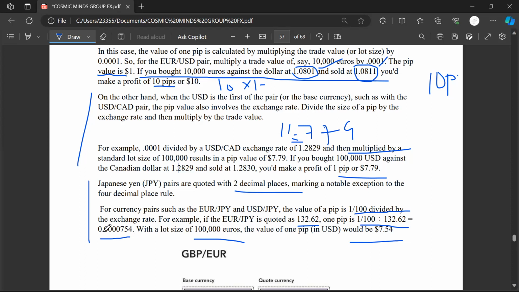That's 5 zeros here. That's why I just multiply by that. If you know a bit of math, you understand what I did. You are multiplying, so you just move the decimal point by that number of zeros. 5 zeros here. You just move 1, 2, 3, 4, 5. So 7.54. It's as simple as that.